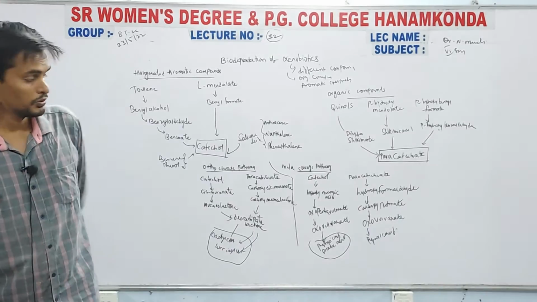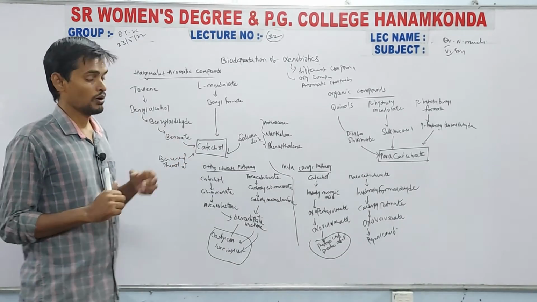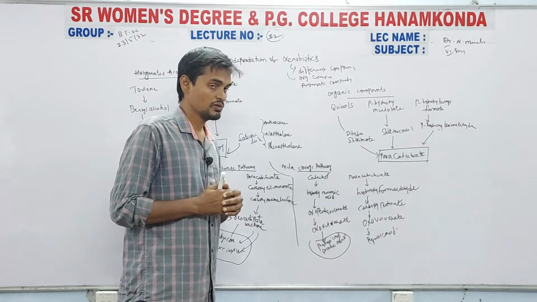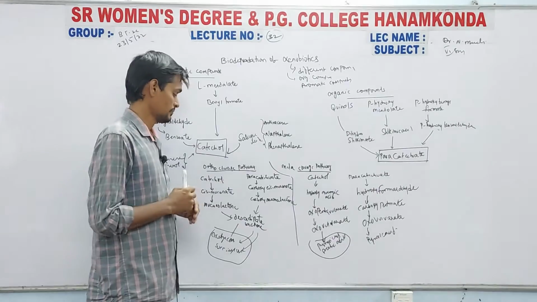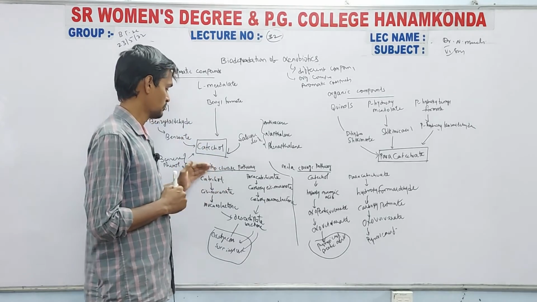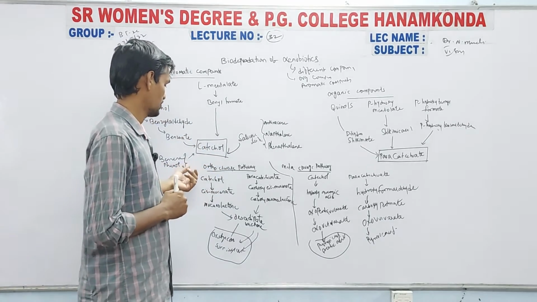So from aromatic compounds catechol will be formed, and from organic compounds protocatechuate will be formed. These two will undergo further degradation.